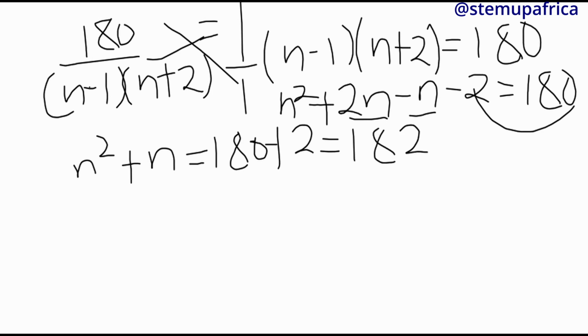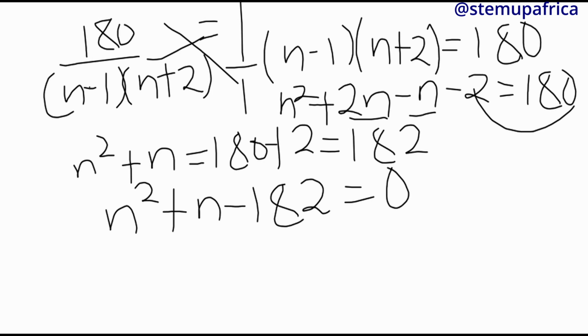If I rearrange the equation in quadratic form, I'm going to have n squared plus n minus 182 is equal to 0. So what we have here now is a quadratic equation. How do we solve? You can solve either by factorization, complete the square method, or formula method.